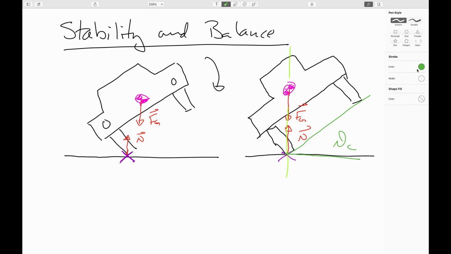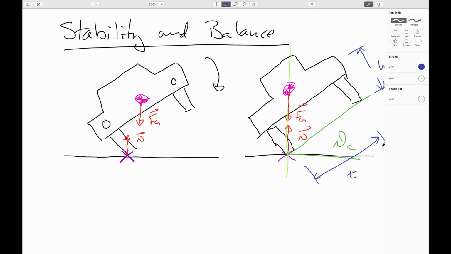So let's draw in some dimensions here. Let's say that the space between the wheelbase is t, and we will say that the height of the center of gravity above the wheelbase, or above the wheel contact point here, is h. All right.